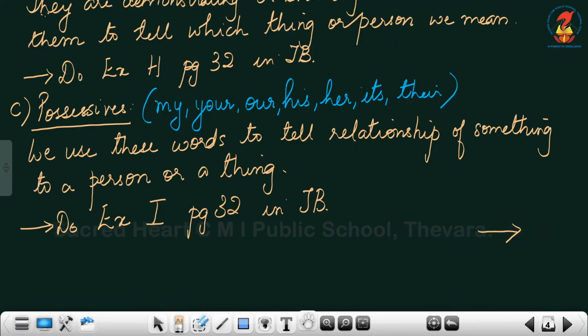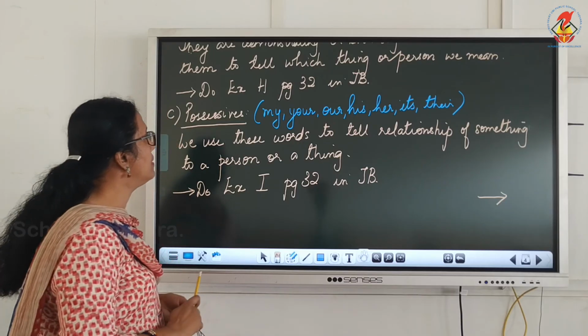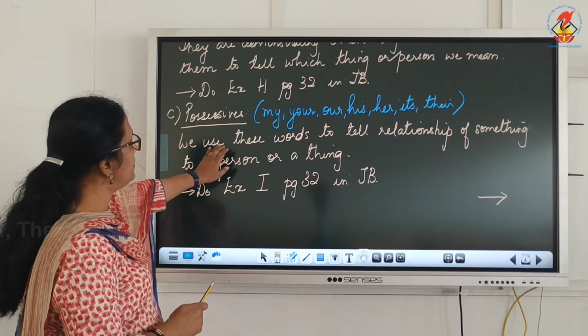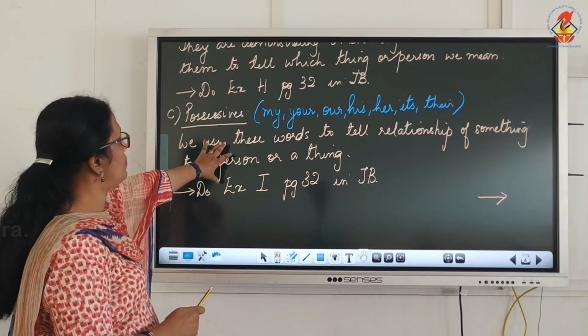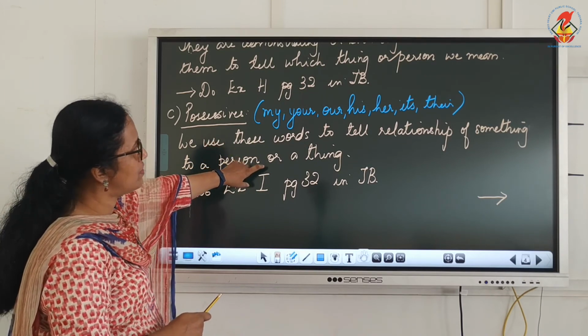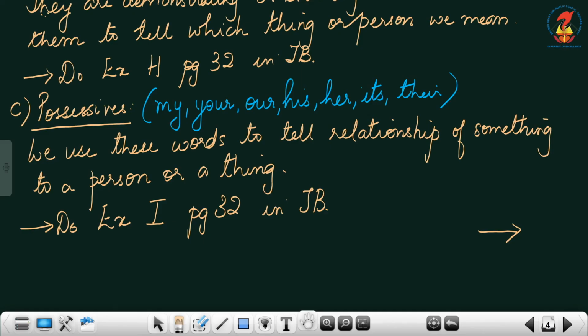Mine, my, your, our, his, hers, its and theirs. Okay. Now when do we use these? We use these words to tell the relation of something to a person or to a thing. And then after that I want you to do exercise I, which is on page 32 in your textbook itself.